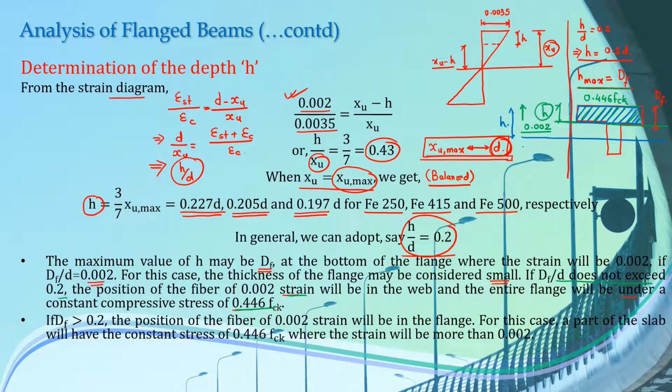In the third case, even when your H lies here, the value remains constant. But if the value of H is decreased from here, for example, you say that this is the depth of H here, then only this part of the flange will be under a constant compressive stress, and the stress will be different for this lower part here.